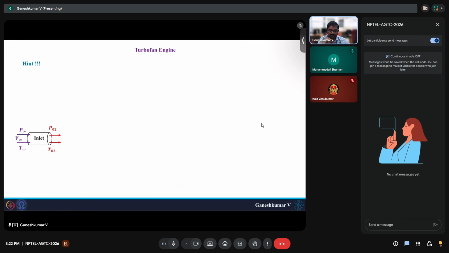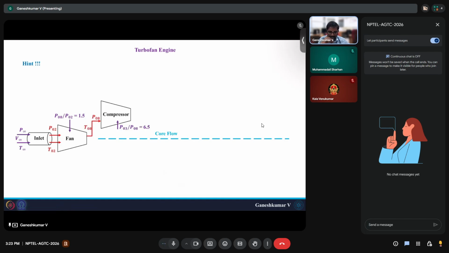calculate. As usual, we will start from the inlet. From the inlet, we will find out what P02 and T02 are, and once the air passes the inlet, it goes through the fan. The entire m dot infinity, whatever enters the engine, will go through the fan, and the fan has a pressure ratio of 1.5. After the fan is where the core and bypass divide.